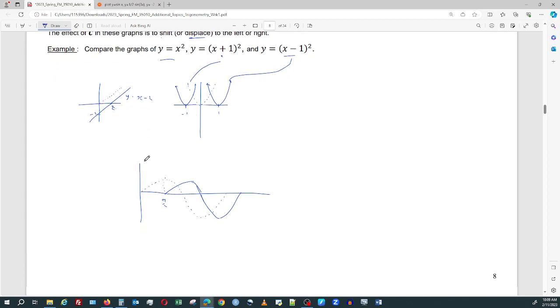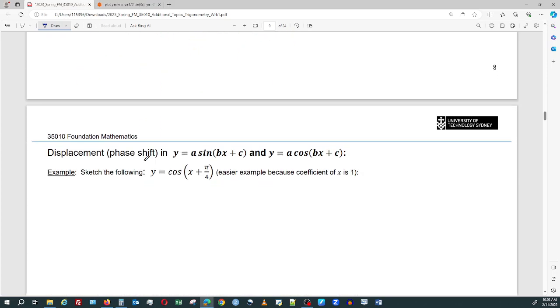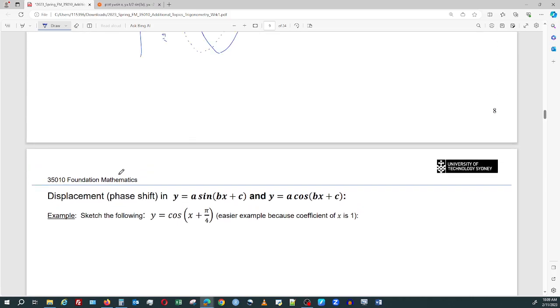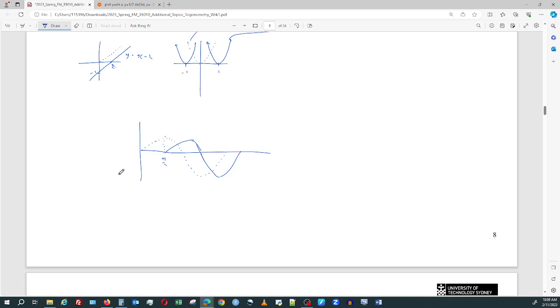So let's do that. So here we want to look at the shifter and consider that. Now, just if we have a look at this idea here, some C, for C is positive, to the left. If C is positive, we shift to the left.